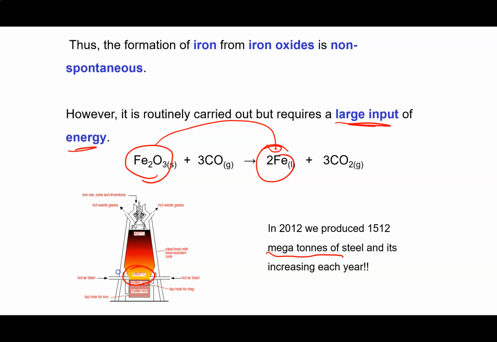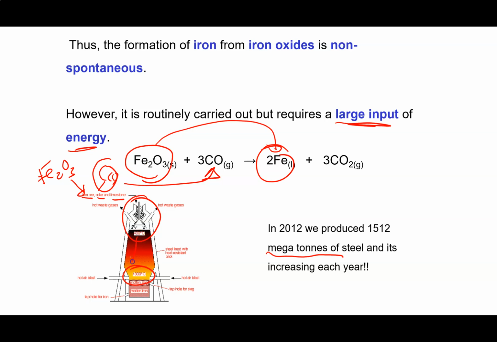We have a very hot furnace. And what we do is we drop in solid reactants into the top here. So in the top comes iron ore, coke, and limestone. And coke is just a source of carbon. Our iron ore is our source of Fe2O3. And because the temperature is very hot, the carbon gets converted into carbon monoxide, and that acts as the reducing agent for the Fe2O3.